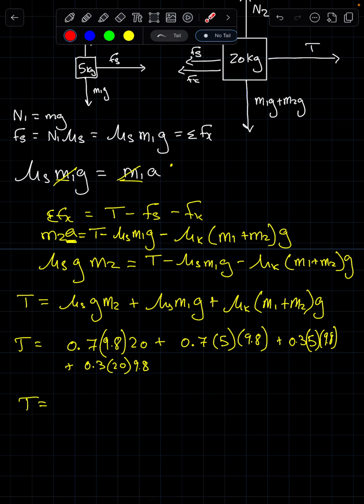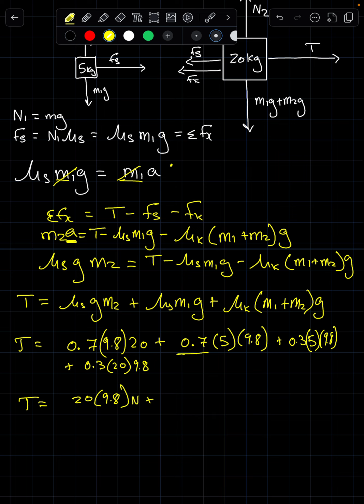So let's start grouping some terms together, right? We can see using our algebra skills that 0.3 times 20 times 9.8 plus 0.7 times 9.8 times 20 is the same as 9.8 times 20, because 0.3 and 0.7 add up. So 9.8 times 20 is going to be our first term. This is going to be in newtons.